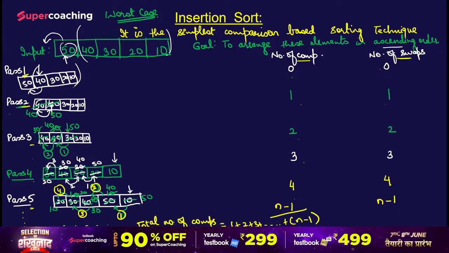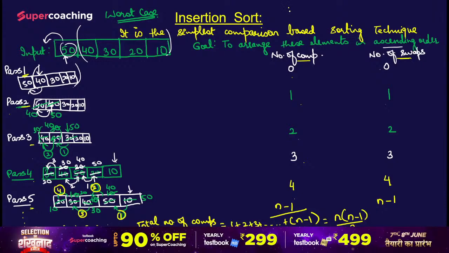This is nothing but the natural sum series. We know that the formula is n into n plus 1 divided by 2, where n represents the number of terms. Here the number of terms is n minus 1.